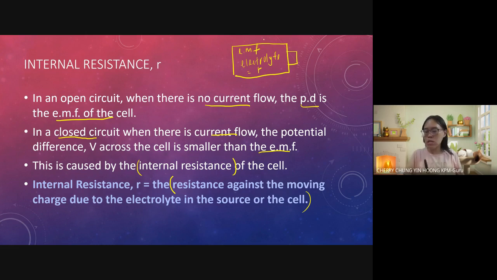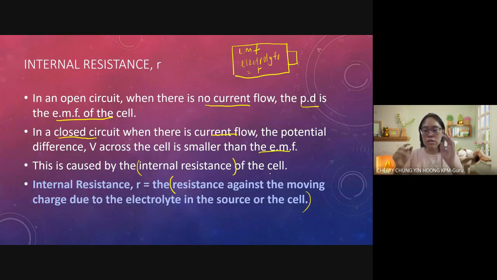We have always known that resistance is something that stops the current from passing through. Here, it is stopping the charges inside the battery from passing through the source and through the circuit.